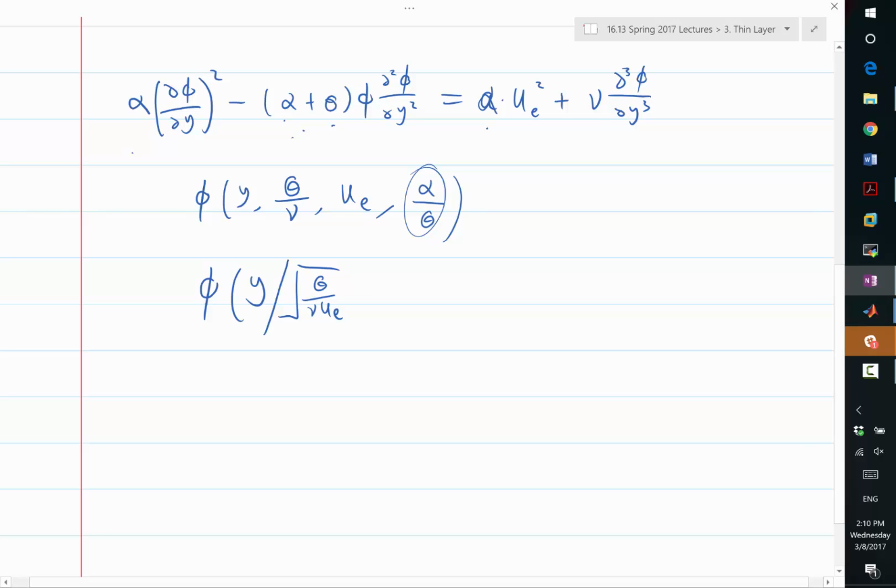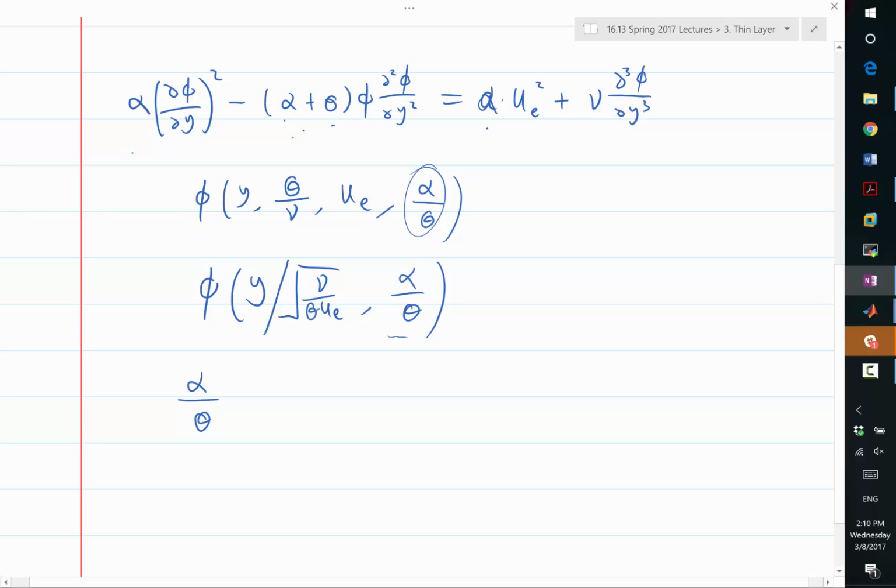Actually no. So it's nu over theta UE. And alpha over theta. So this alpha over theta serves as another parameterization of the solution to the equation. And after non-dimensionalization, what I get is, instead of alpha, I get alpha over theta, right?